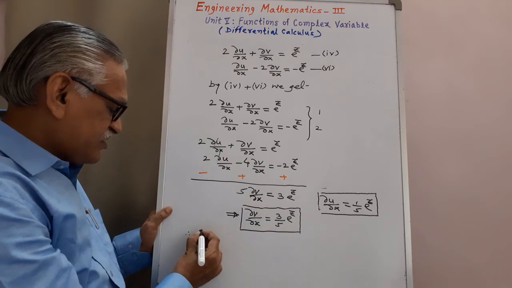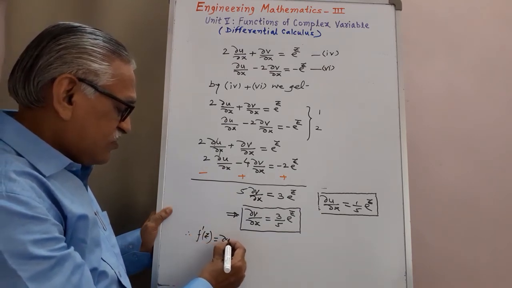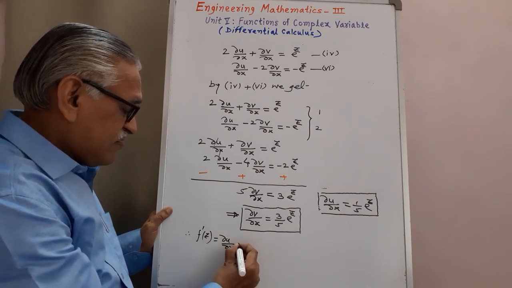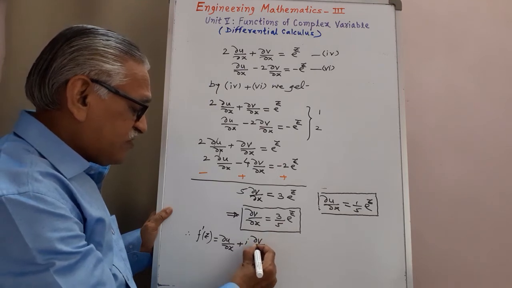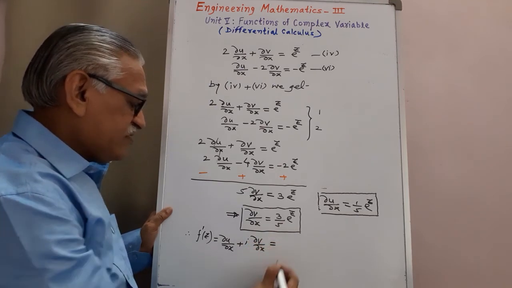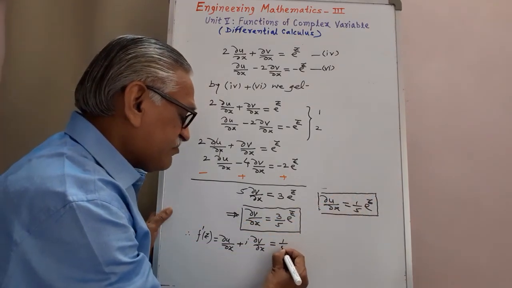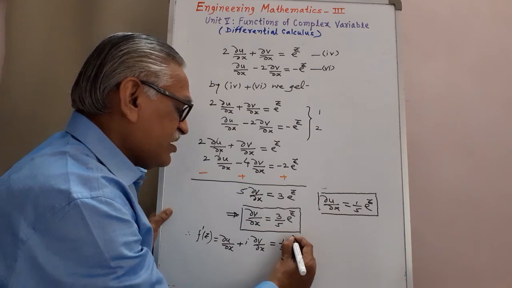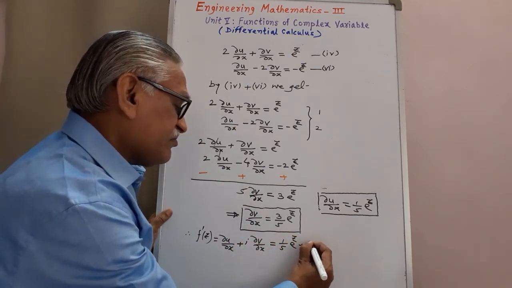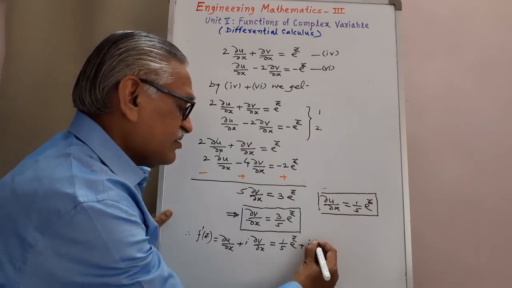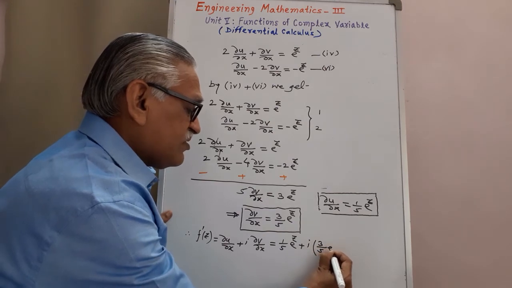Substituting that in the relation f'(z) is equal to ∂u/∂x plus i times ∂v/∂x, we get the value of ∂u/∂x, which is 1/5 times e^z, plus i times the value of ∂v/∂x, which is 3/5 times e^z.